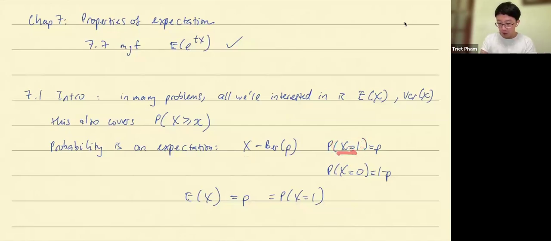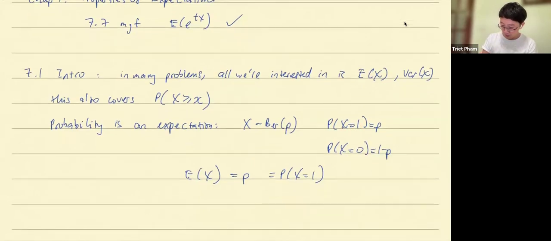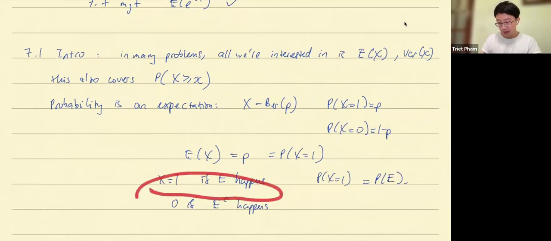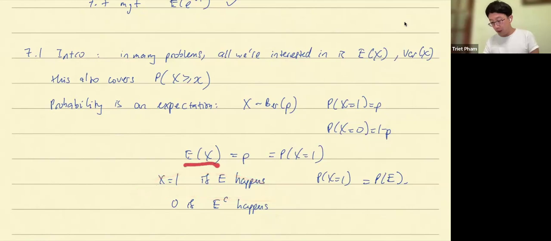If x equals 1 if an event E happens, and x equals 0 if E complement happens, or E does not happen, then you see that probability of x equals 1 is exactly probability of E. Meaning that you can say x is the indicator function for the event E. Therefore, when you take expectation of a random variable, you really are looking at a probability event.